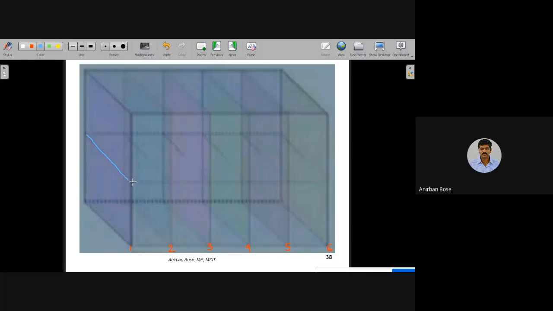This is the horizontal plane, and others are vertical planes, as you can see.